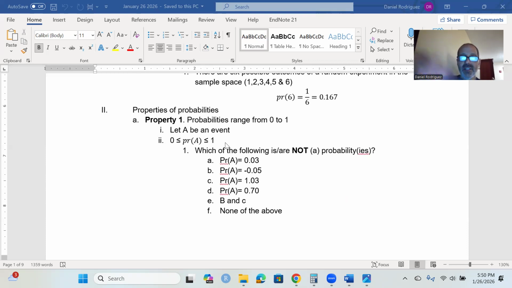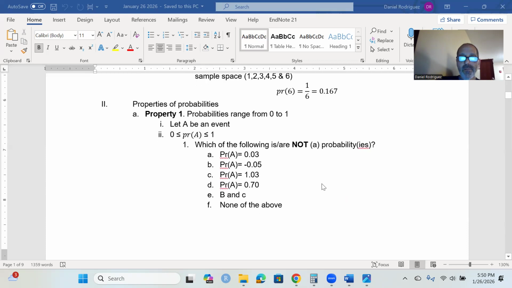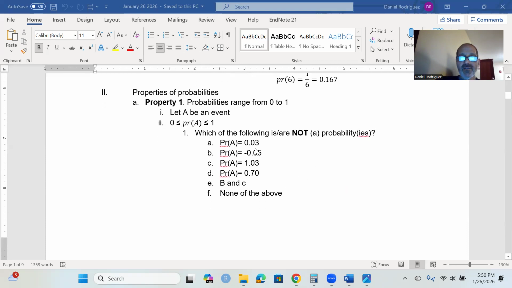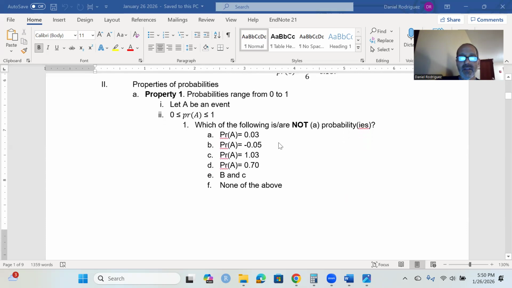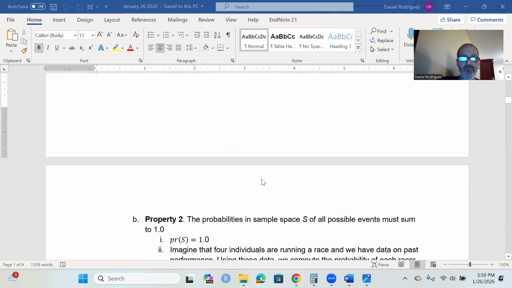Those are its boundaries. So if I were to ask you which of the following is or are not probabilities, the appropriate answer would be the negative value because it's below 0, and the value that's above 1. So it'd be B and C. So E would be the appropriate answer.